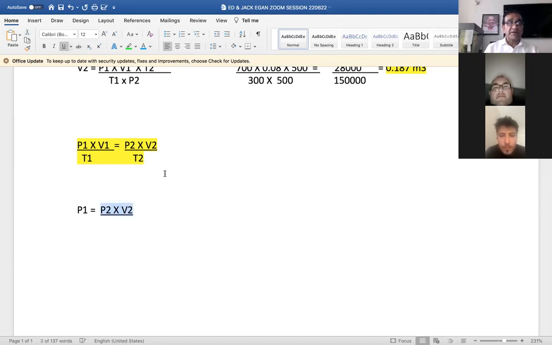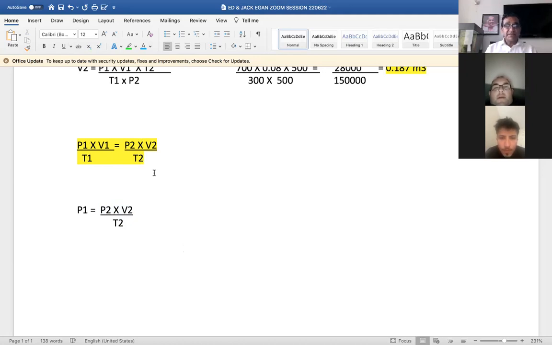If I underline that, P1 there, that side, will still stay the same.